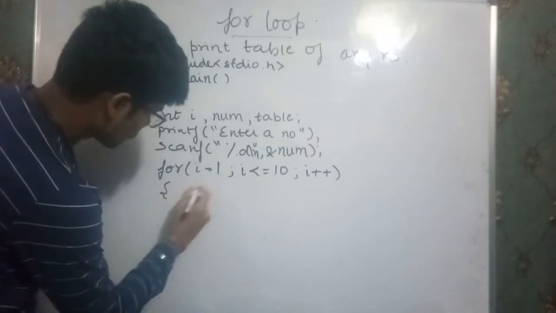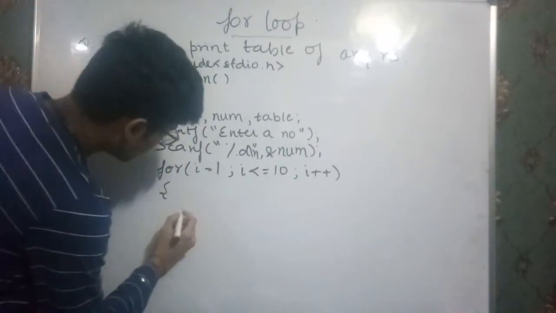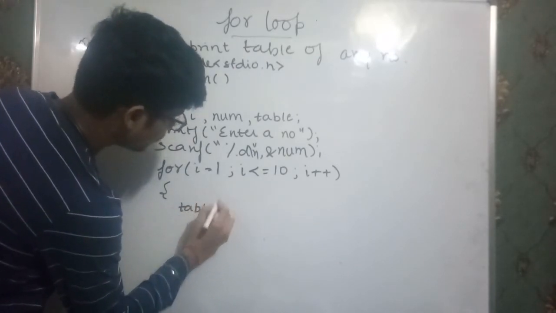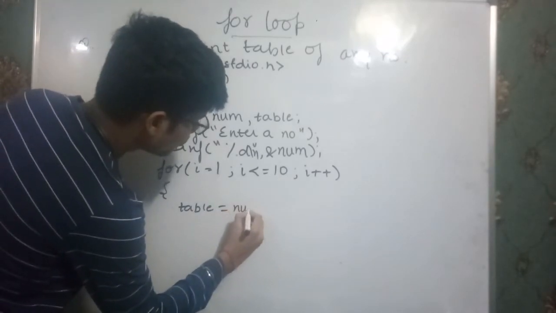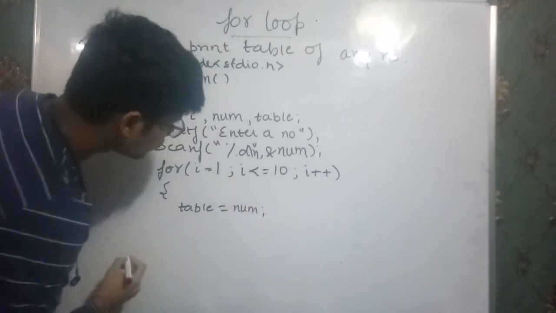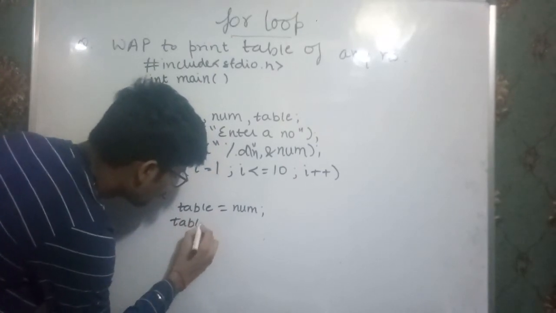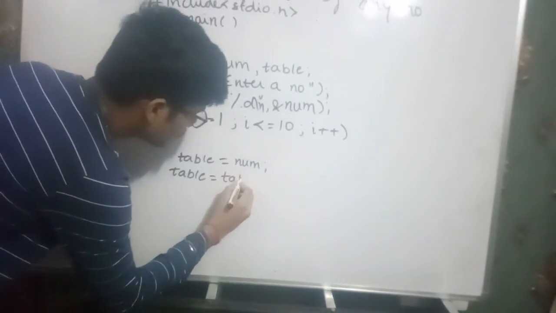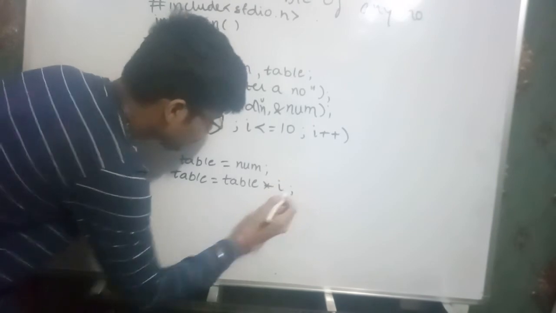After that we will have taken another variable, say table is equal to num. Why we are doing this, I'll let you know. Then the table is equal to table into i.